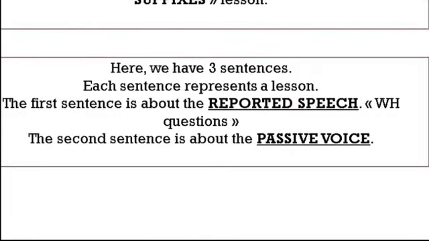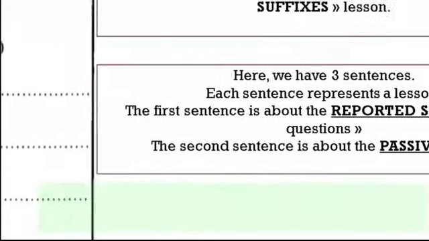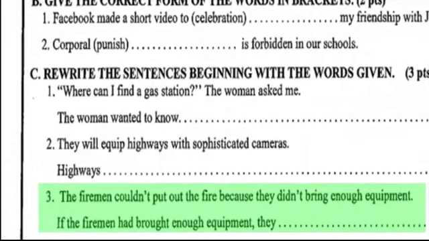Number two, we have they will equip highways with sophisticated cameras. The sentence starts with highways, which means it is about the passive voice. Again, here you have to check your lessons, notebooks, and of course the exercise part of it. So you have a lesson about the passive voice. Question number three, I guess you guessed the meaning of it, or which lesson is that?